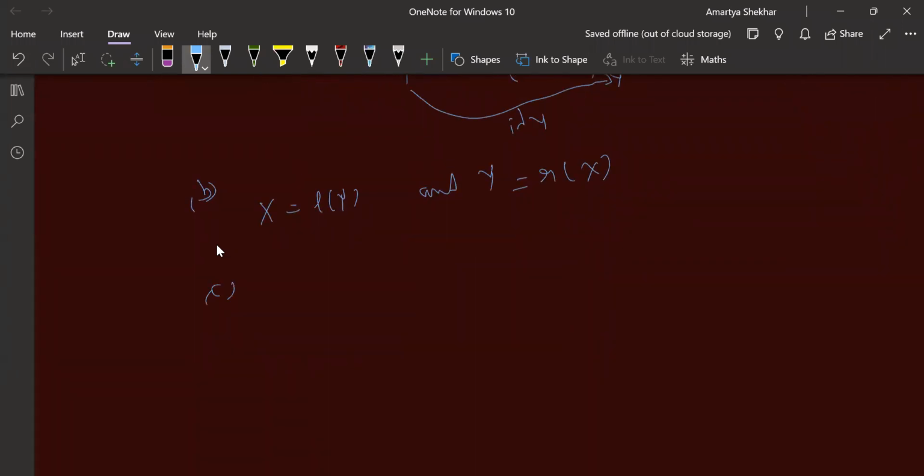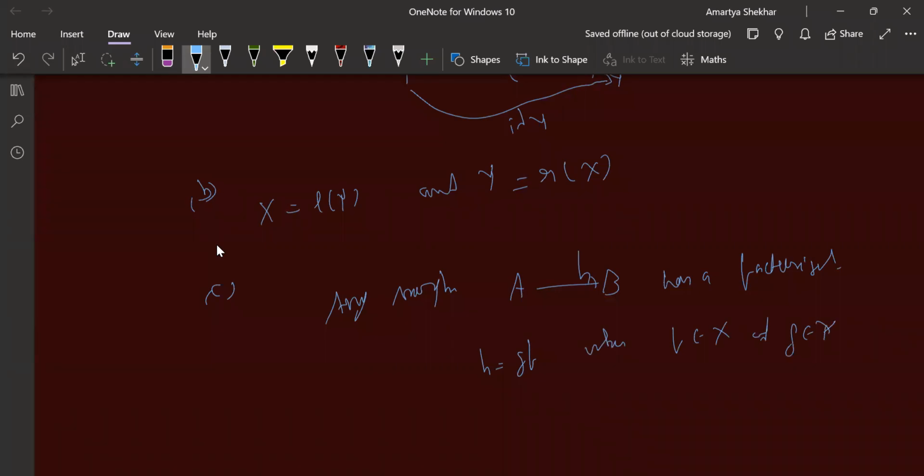And the third, probably the most important condition, is that you have a factorization: any morphism H in the category has a factorization H equals G F, where F is in X and G is in Y. So this is my definition of a weak factorization system.